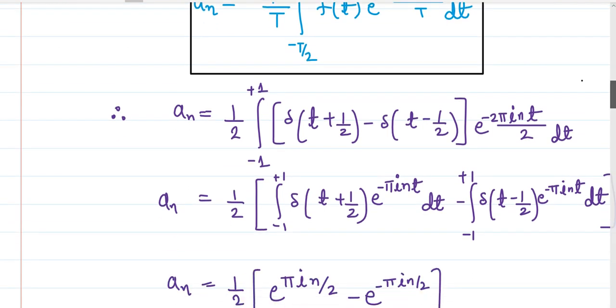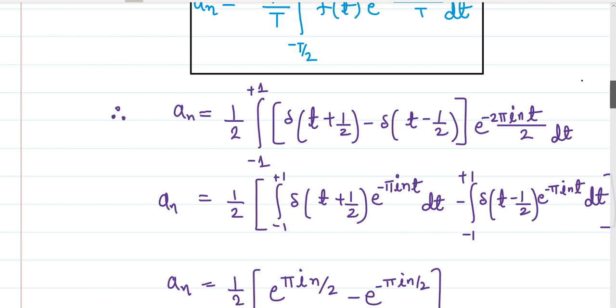I hope you all know the properties of Dirac delta function integration. If not, I'm going to explain here. Don't worry. So 1 by 2 integral from minus 1 to plus 1 of delta t plus half e to the power, here 2 will get cancelled and you have iota pi n t dt. Similarly, minus 1 to plus 1 delta t minus half e to the power minus pi iota n t dt.